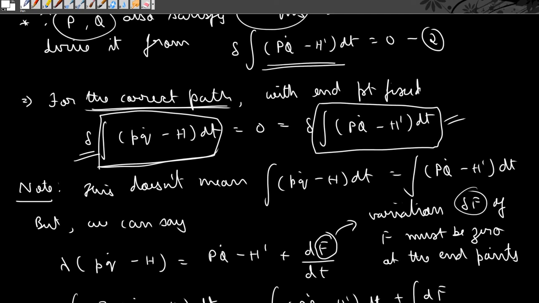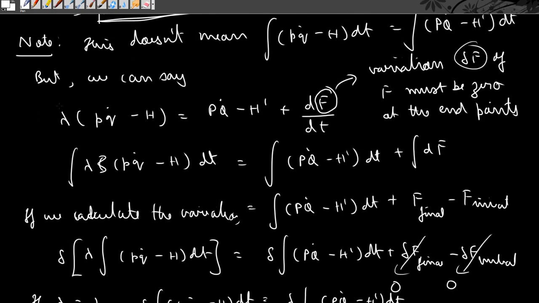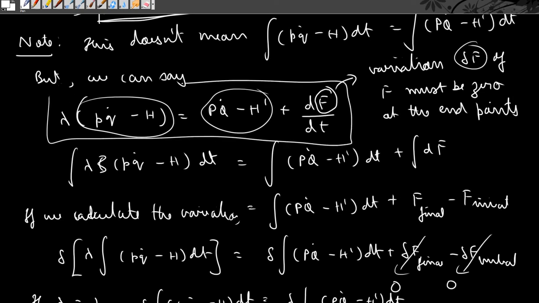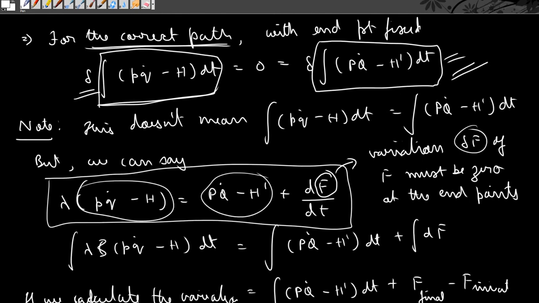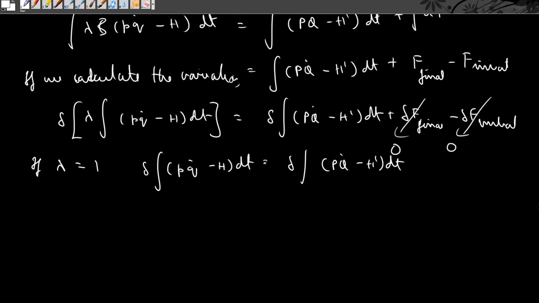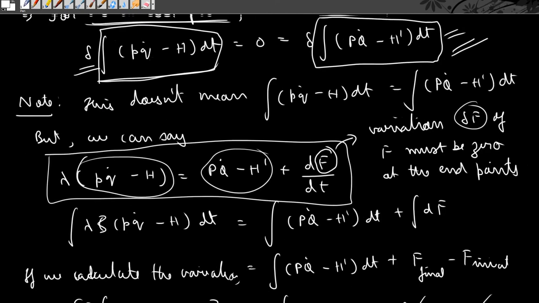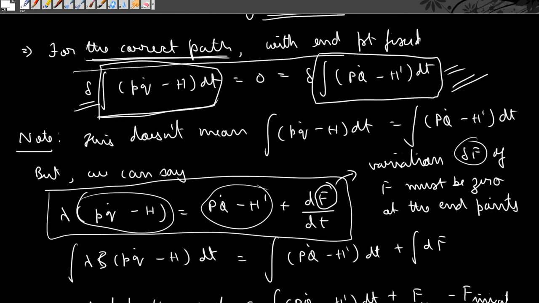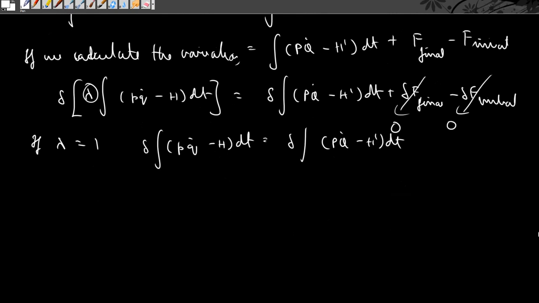So this reassures the fact that when we take the relationship between this quantity and this quantity in this manner, then we are sure to get this particular relation for the correct path, provided the value of lambda is equal to 1. And this relation is true when the new transformed variables are transformed using the canonical transformation.